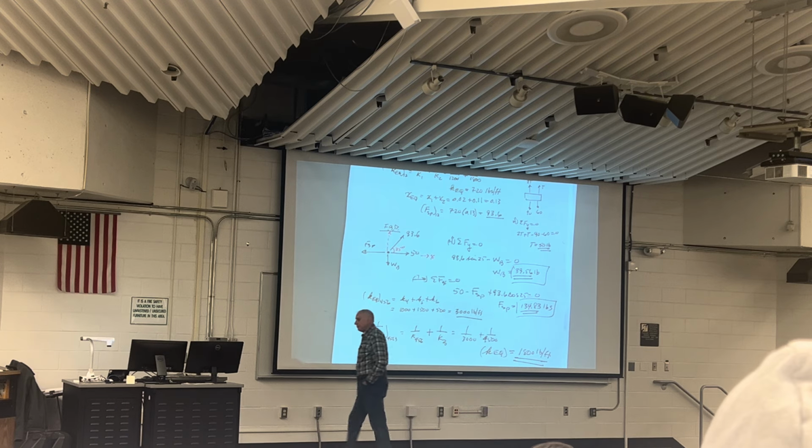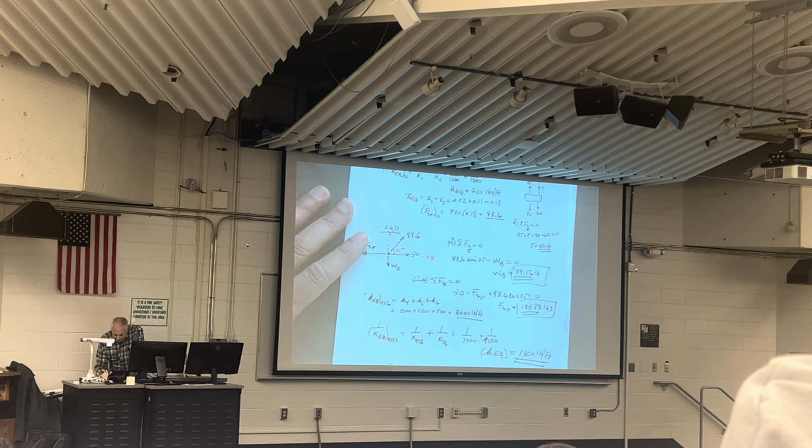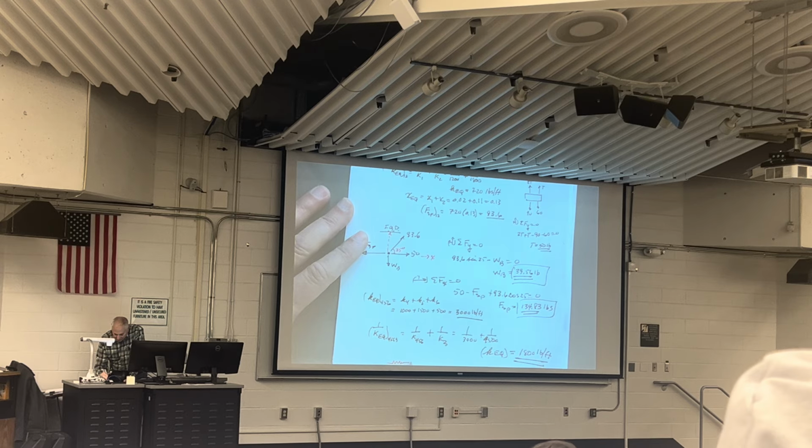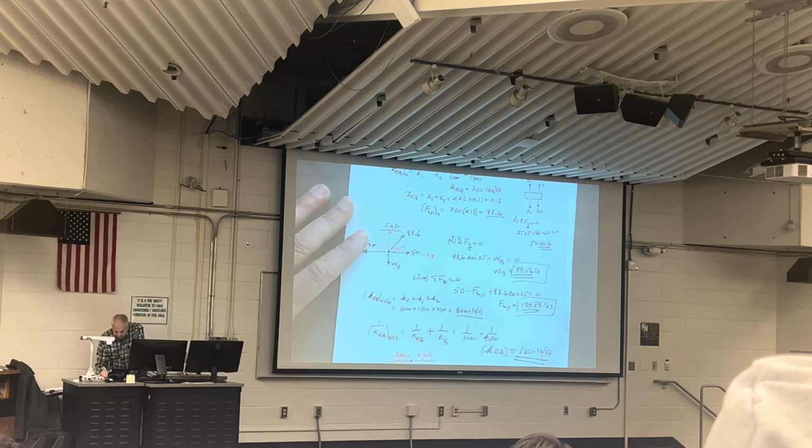Yeah? Now think about this. What you just did was you said, hey, this is in series with this spring. This spring here is K3, that's 4,500. This is the 3,000.